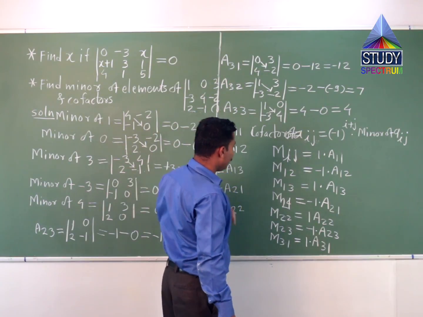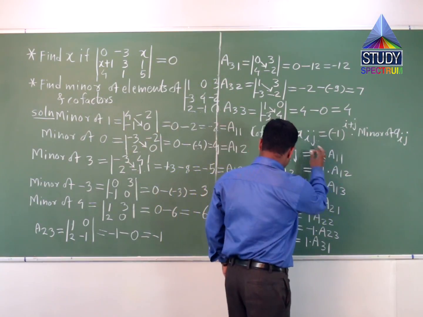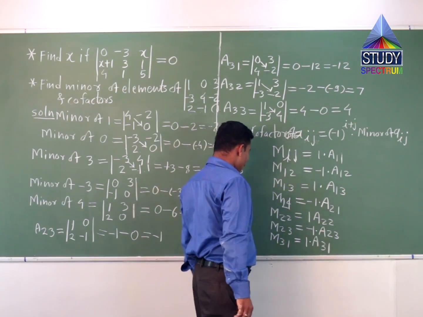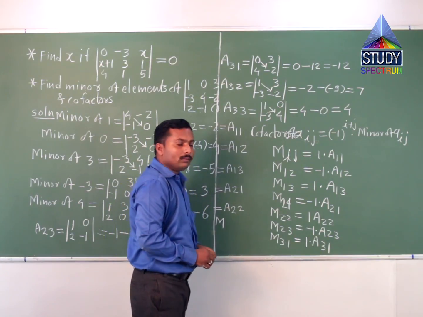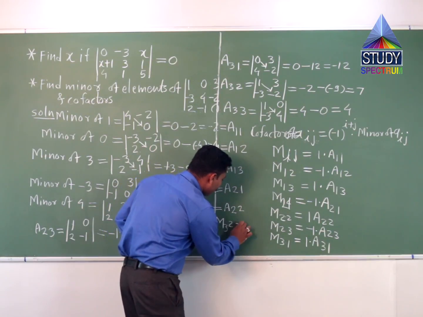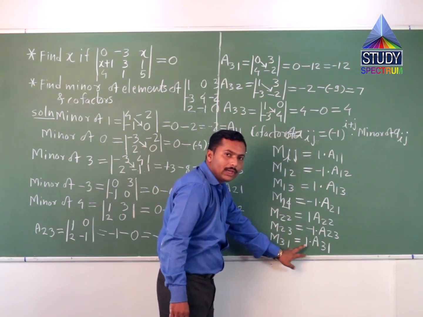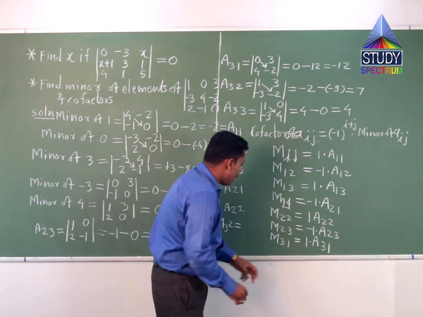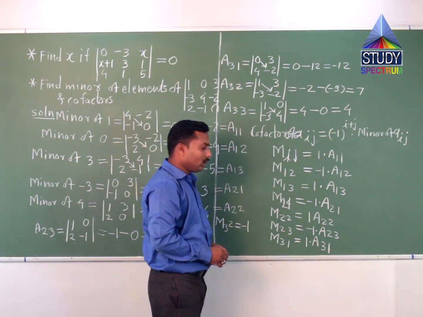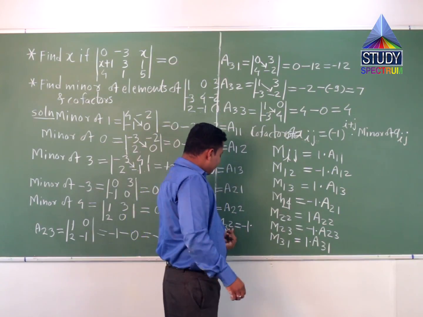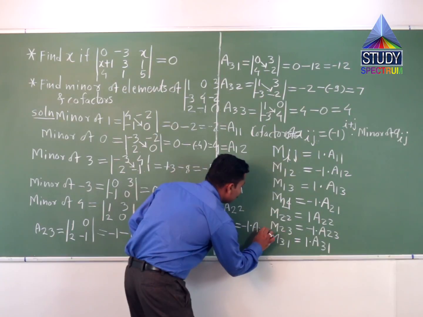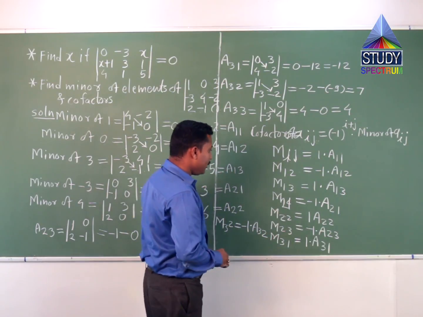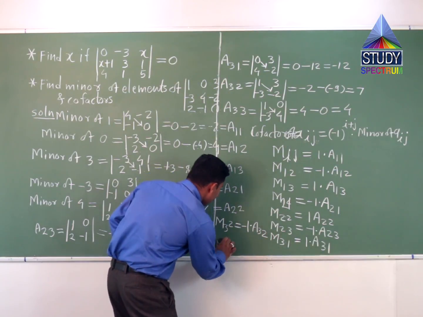Again we find all these values. M32 equals negative 1 into the minor of this number, A32.